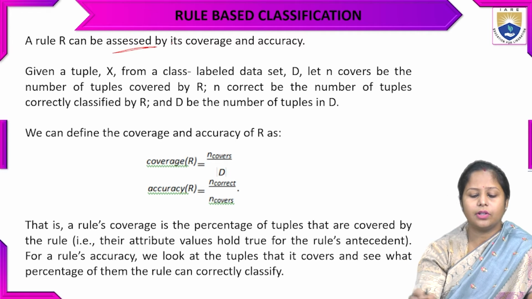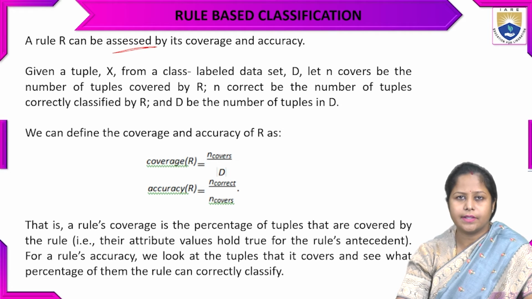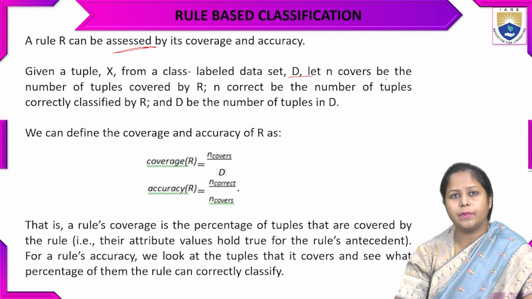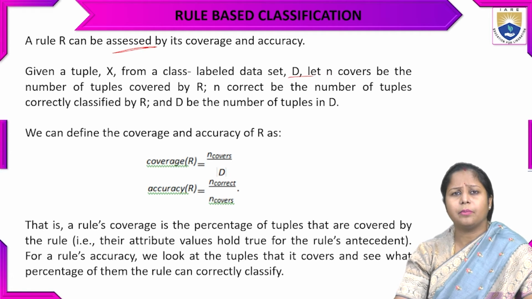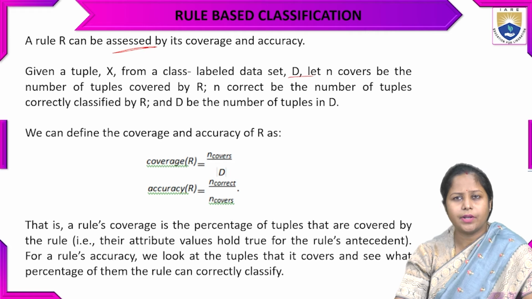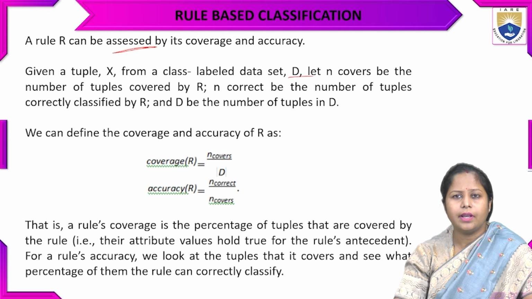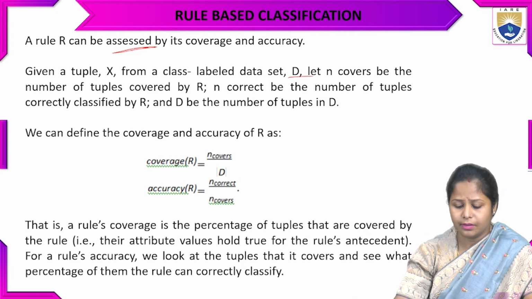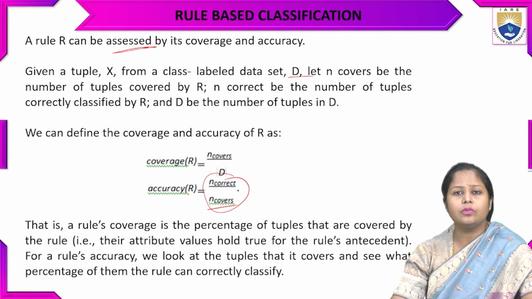Given a tuple X from a class-labeled data set D, let n_covers be the number of tuples covered by R, n_correct be the number of tuples correctly classified by R, and |D| be the number of tuples in D. We can define the coverage and accuracy of R as: coverage of R is equal to n_covers divided by |D|, and the accuracy of R is equal to n_correct divided by n_covers.